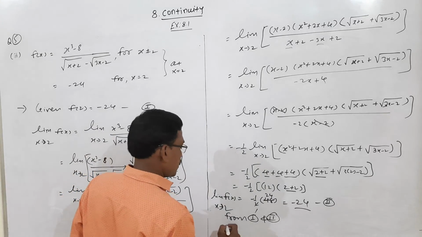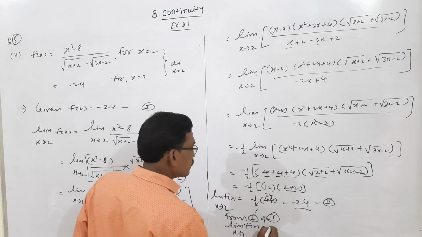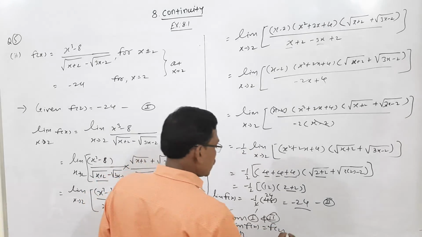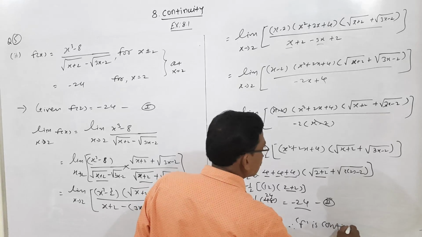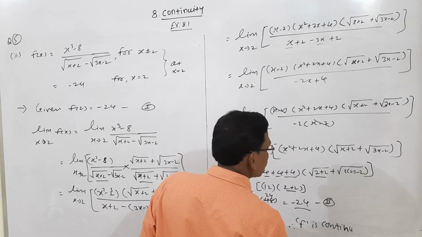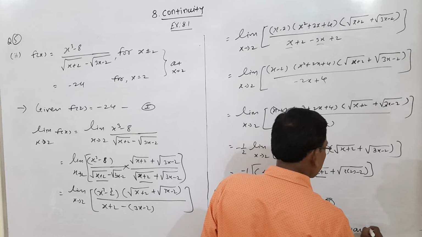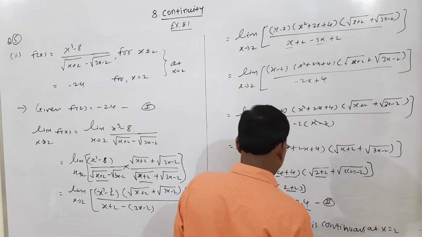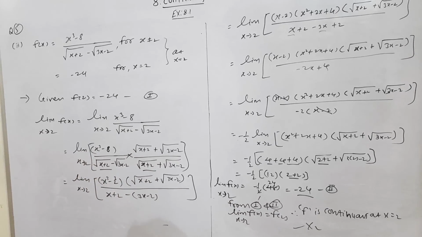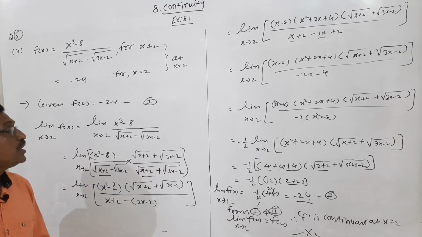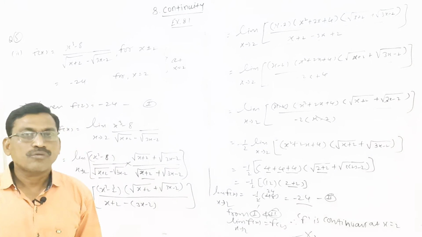Therefore the left hand sides are also equal, meaning the limit of that function is equal to the function value at that point, and therefore f is continuous at x equal to 2. So the given function f is continuous at x equal to 2. Now the remaining example in this question 5 you may try to solve at home. Today we will stop here.